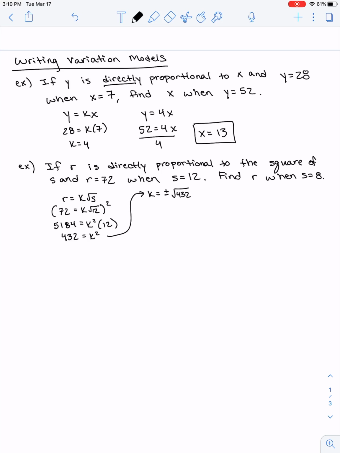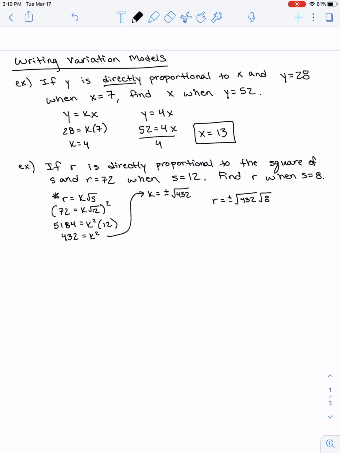So find r when s is equal to 8. Okay, so we know that r is equal to plus or minus the square root of 432 times the square root of 8. This is just plugging into my equation that I found in the beginning.